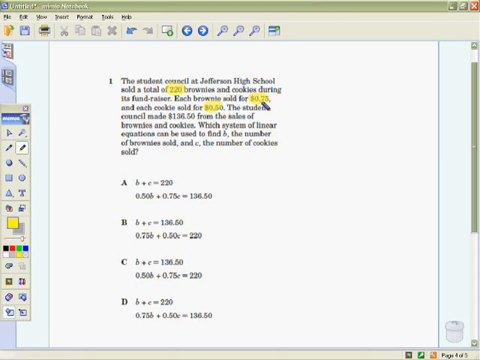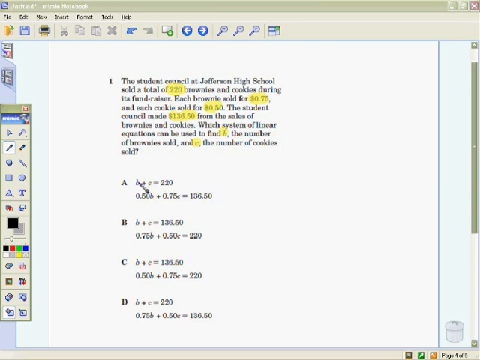So we got 75 cents for each brownie, 50 cents for each cookie, and they made a total of $136.50 from the sale. And they tell us that B is going to stand for brownies and C is going to represent cookies. So as I look at my answer choices, they already have all of these equations set up. I just have to match what goes with what, and these are fairly simple problems.